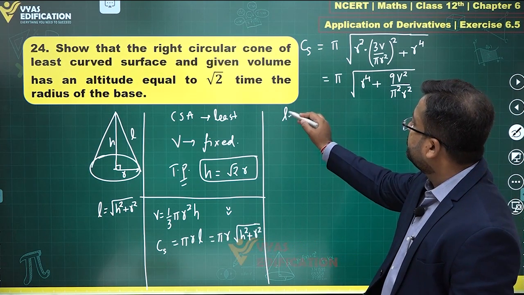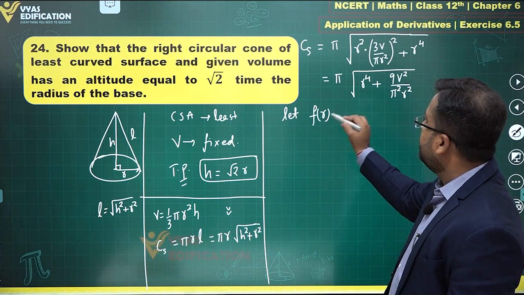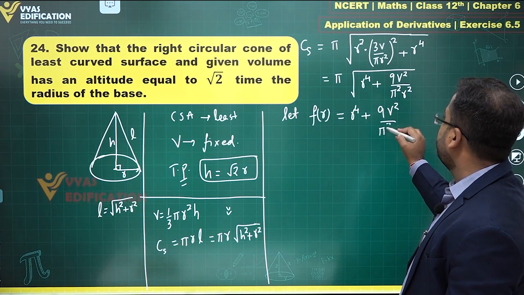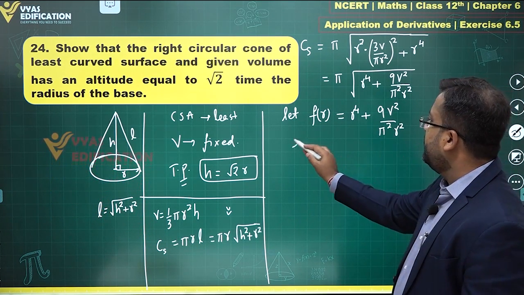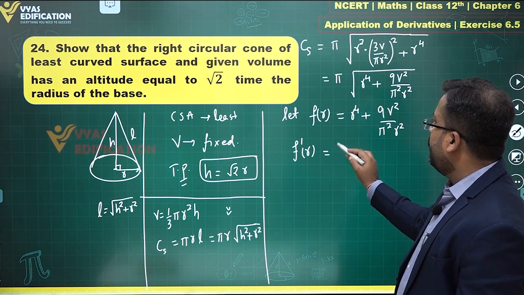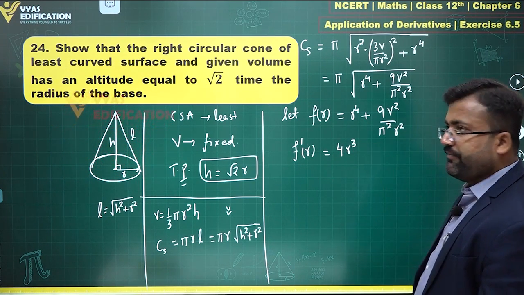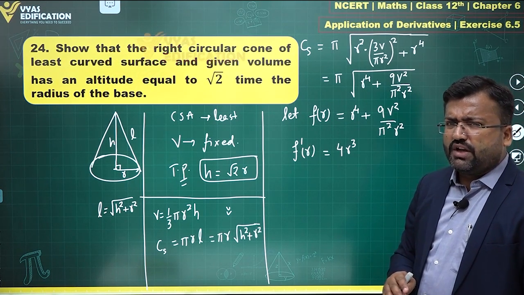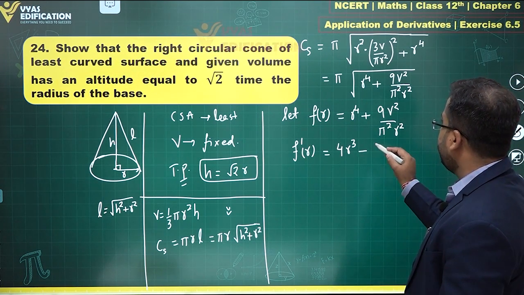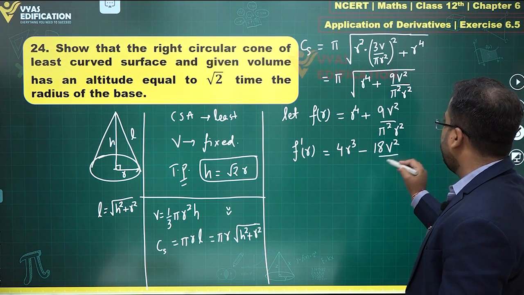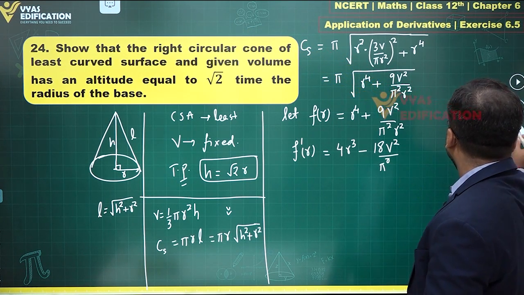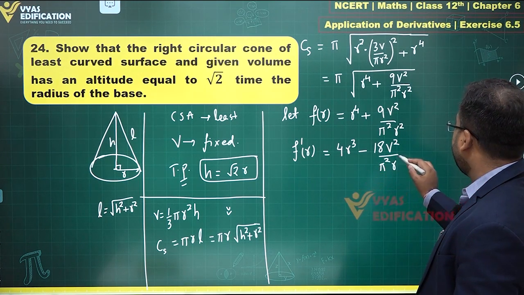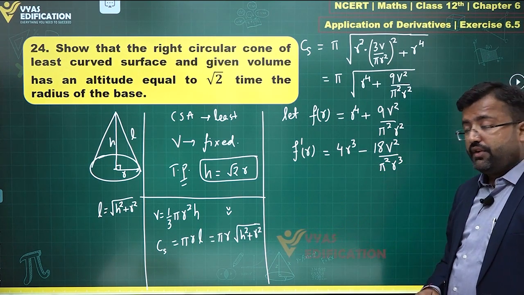Let f of r be equal to r power 4 plus 9V square over pi square r square, and find the derivative with respect to r. What you get is 4r cube. And for 1 upon r square, the derivative is minus 2 upon r power 3. So this becomes minus 18V square over pi square r power 3. This is what you get, right?